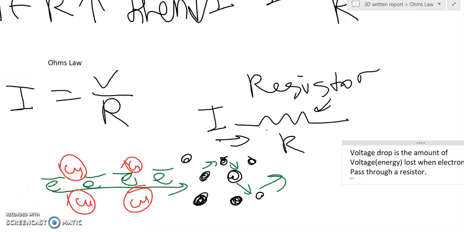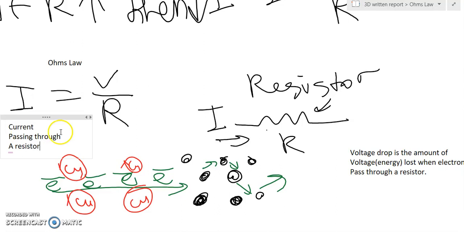It's the amount of energy lost. Okay? And this is what our Ohm's law gives us. The current in this formula is the current that passes through a resistor, voltage is the voltage drop, and resistance is, of course, the resistance of the resistor.